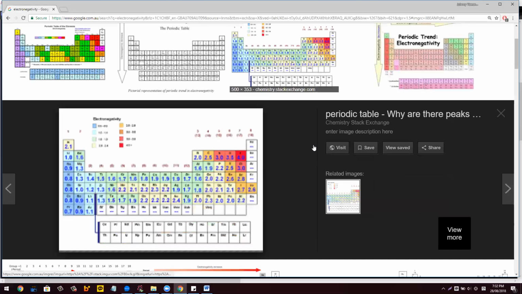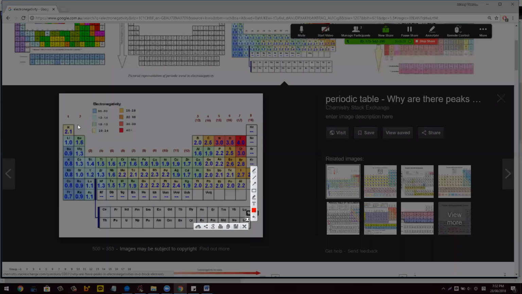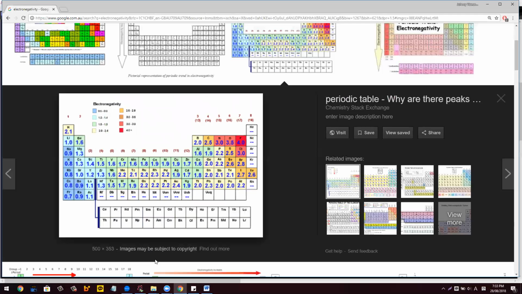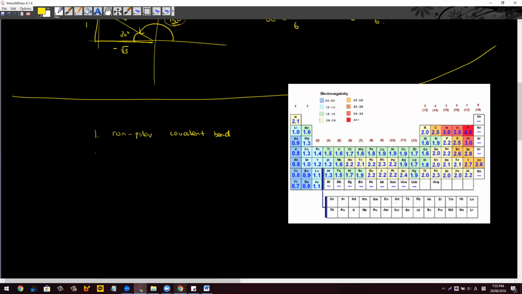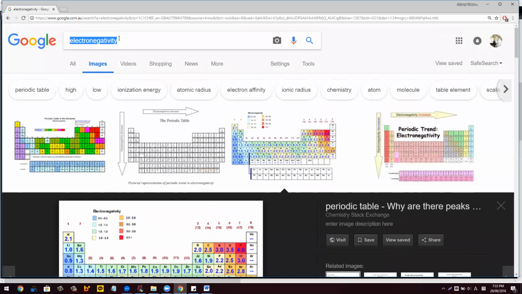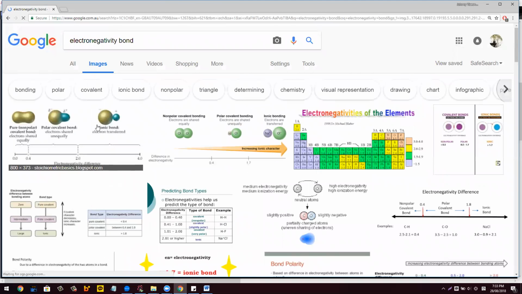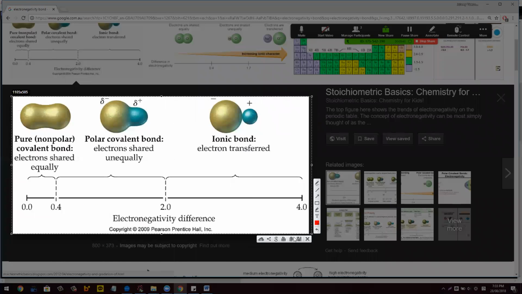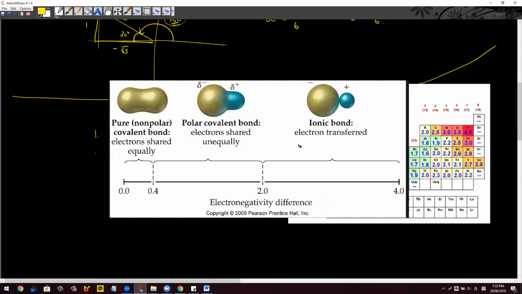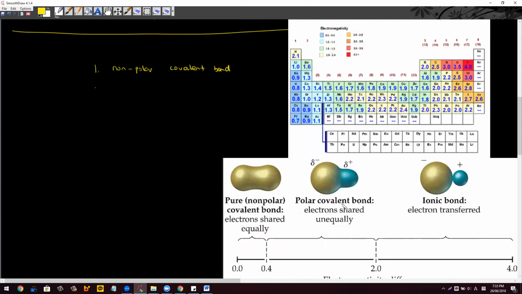So I think I gave you this table. This one here. And also I showed you electronegativity and bond. Do you guys remember this one from last time? Yeah, so let's go over this again.